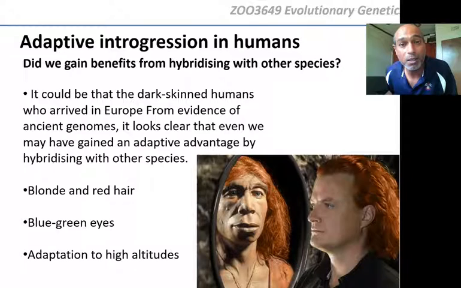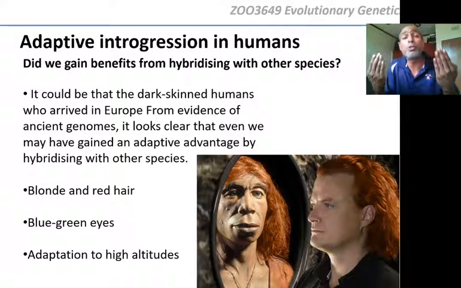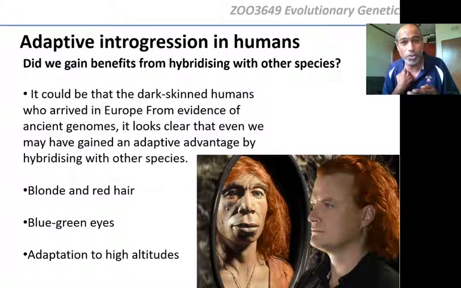So you see, Ernst Mayr's view of classical speciation is now in tatters. Okay? It is finished. Because now we are showing that even we have been able to mate with another species and gain an advantage. We didn't evolve this red hair ourselves. We were black when we arrived in Europe.